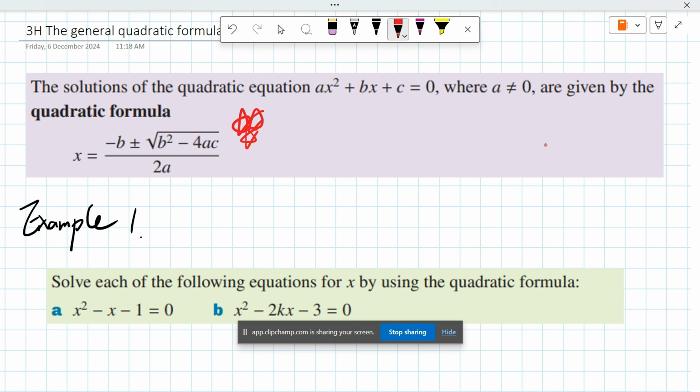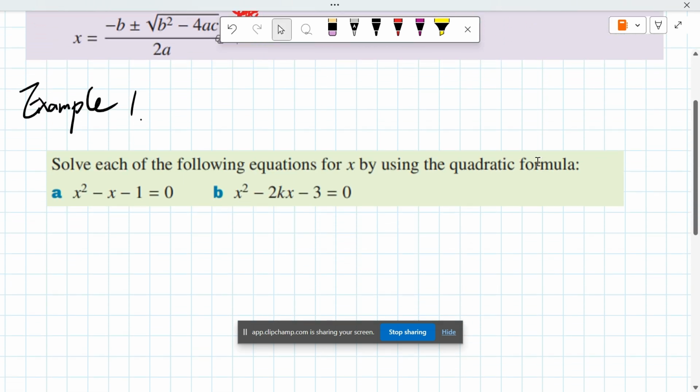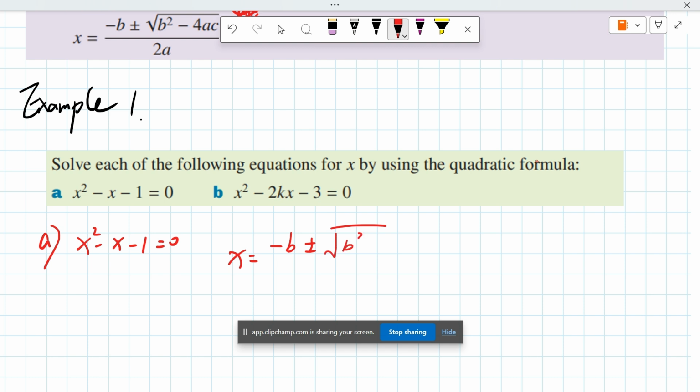So let's have a look at the questions and I'll show you how to do this one. Question A: x squared minus x minus 1 equals 0. We're going to solve for x using x equals negative b plus or minus the square root of b squared minus 4ac over 2a.